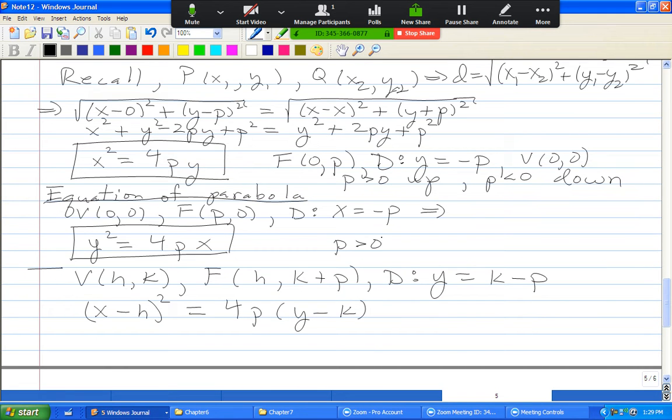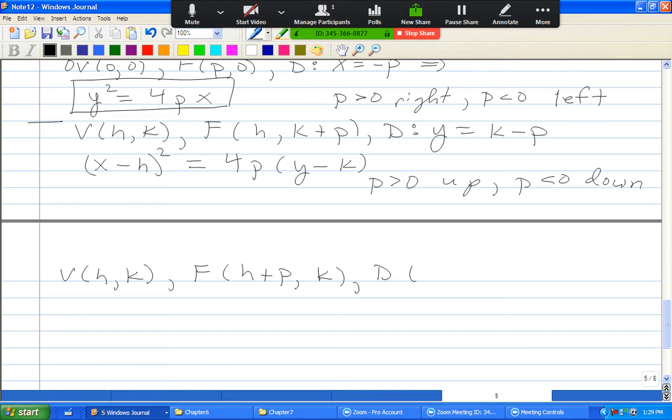If p is greater than 0, then it opens to the right. If p is less than 0, it opens to the left. Of course, this is the same as the above one. If p is greater than 0, it opens upward. P less than 0, it opens downward.